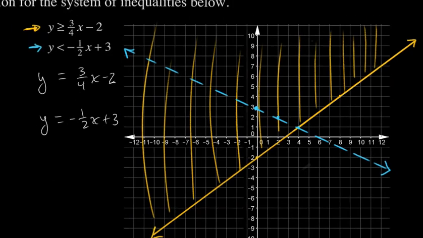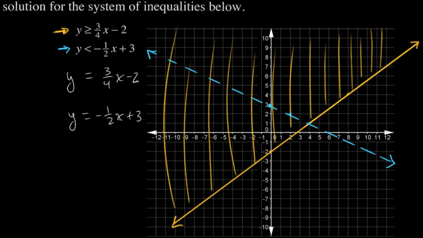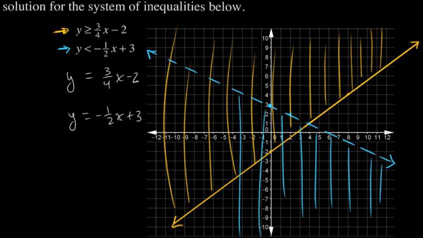For this one, it was a dashed boundary line, meaning the points on there are not solutions, and my y values are those things that are below this line. So at a certain point, there's a region that's matched with both of these, making both conditions true.